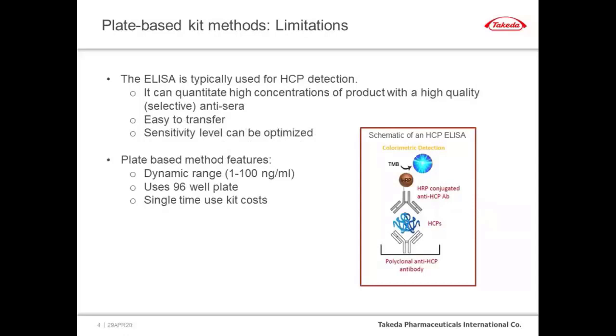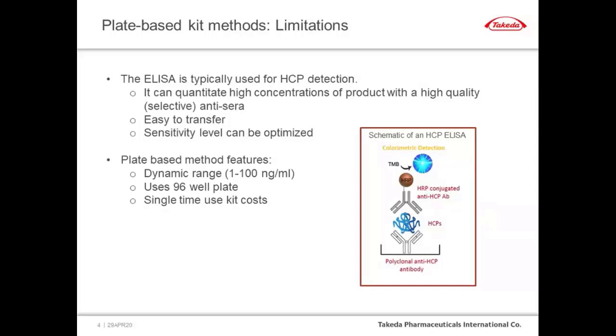Here you see a diagram of a sandwich ELISA. This is the enzymatic reaction that takes place when we use a plate-based kit. You can easily see the coating capture antibodies, and the conjugate interaction with the HCP or the analyte, and the substrate and the enzyme interaction that creates light.